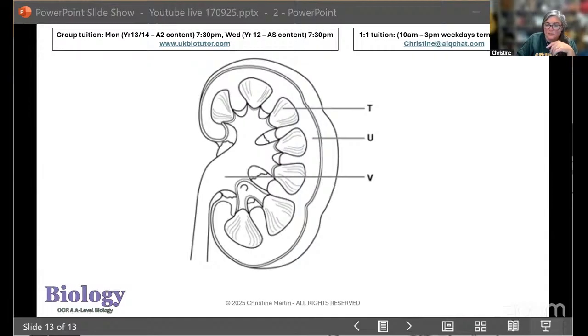Give me 1 second. So V is the pelvis. Good. What else have we got?